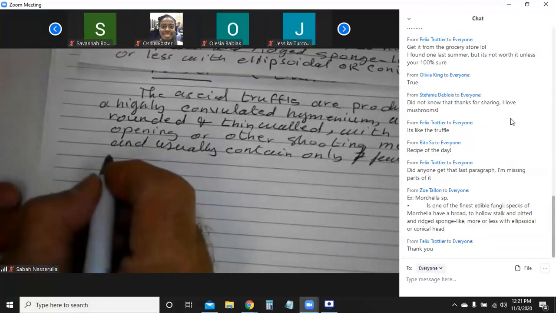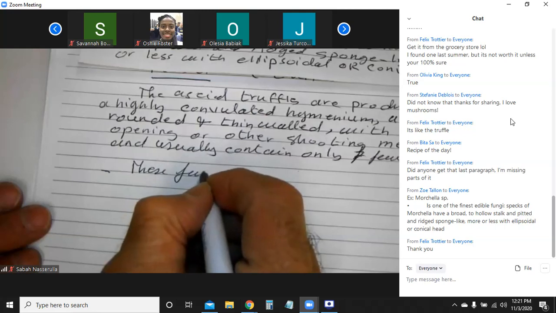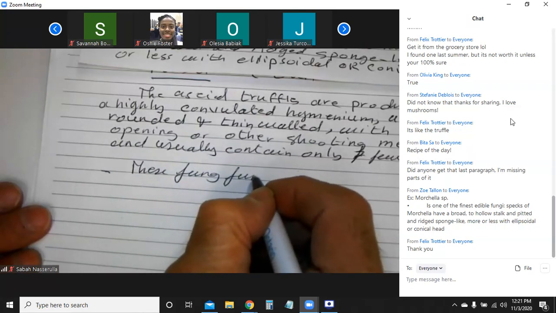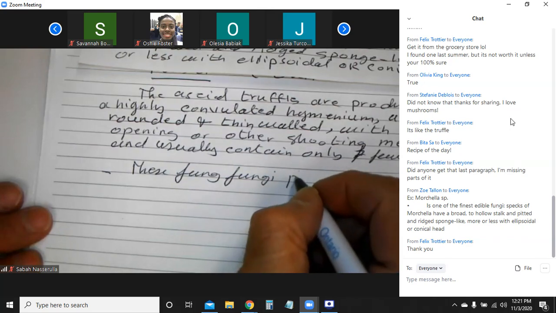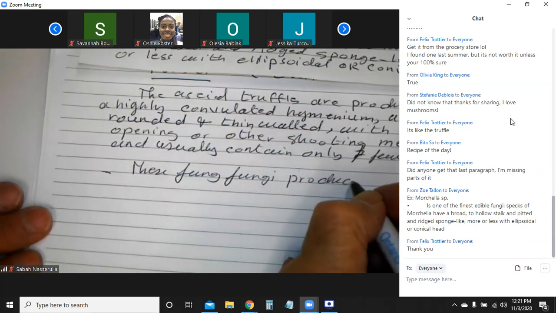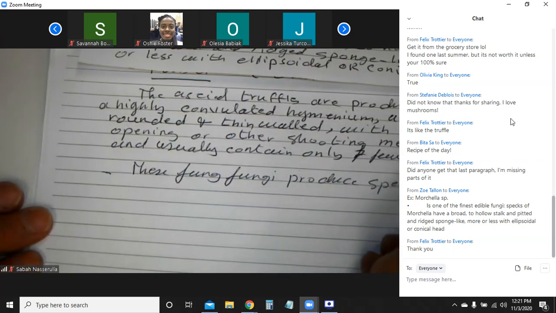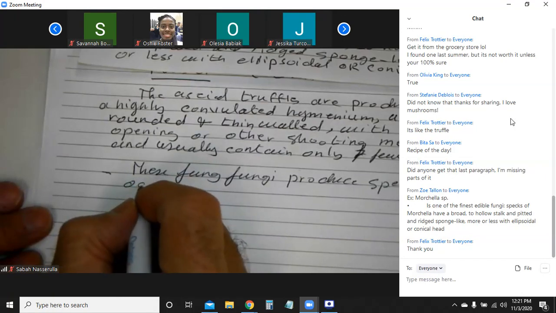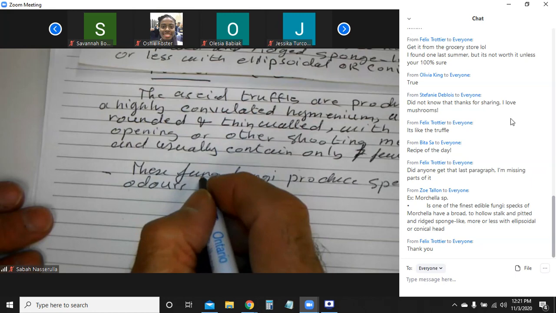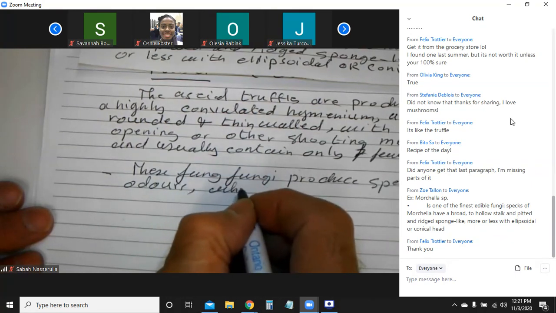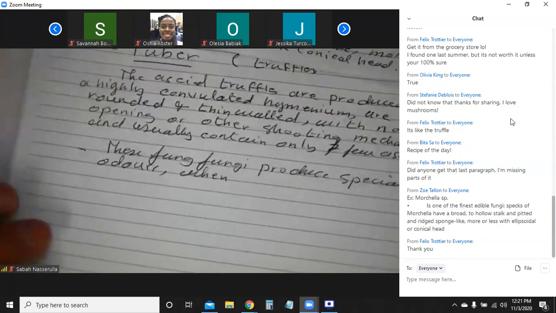As I already mentioned to you, these fungi produce special odors when the ascospores are mature. They produce special odors when the ascospore is mature.